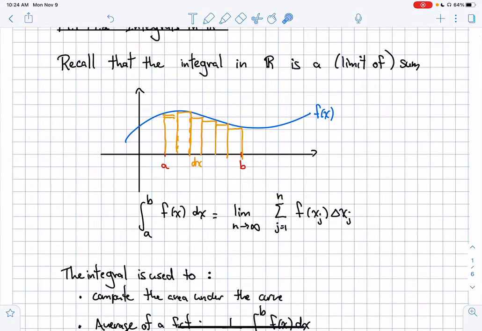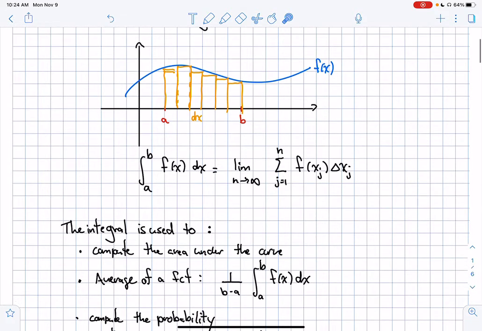The integral between x equal to a and x equal to b of f of x dx is the limit where you sum all those rectangles under the curve, and you multiply by the width, and this limit is when the width goes to 0. This gives you the integral when it exists.